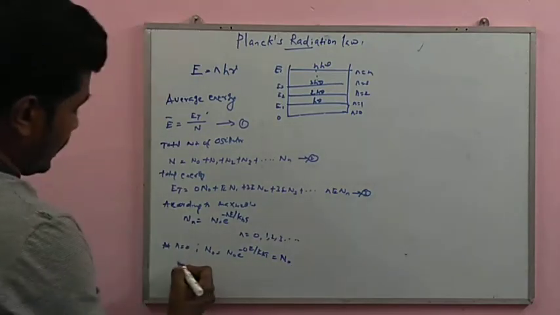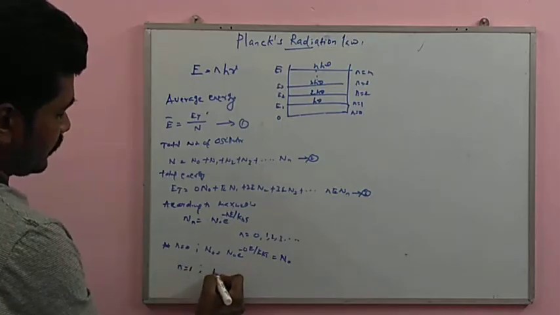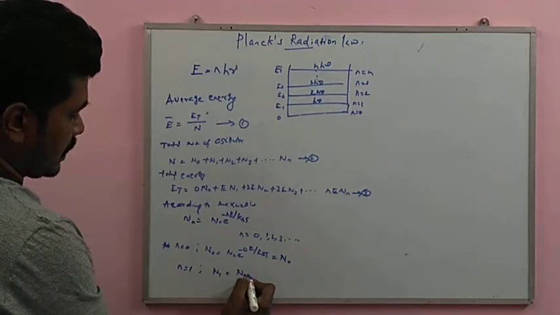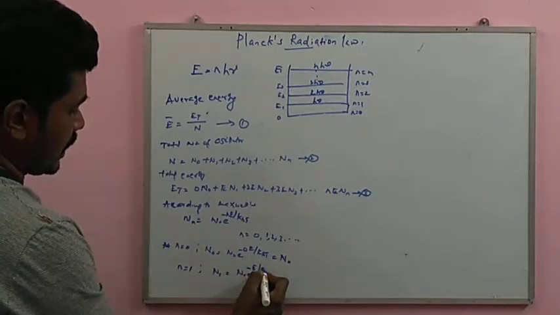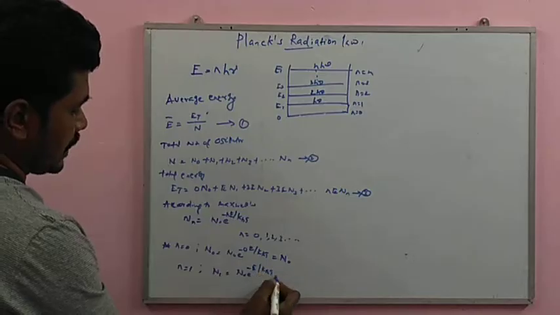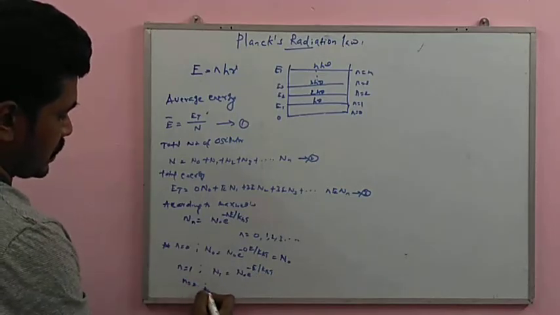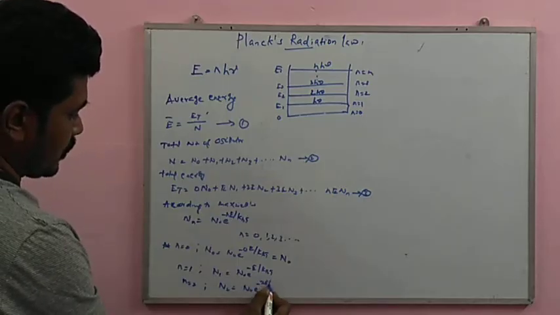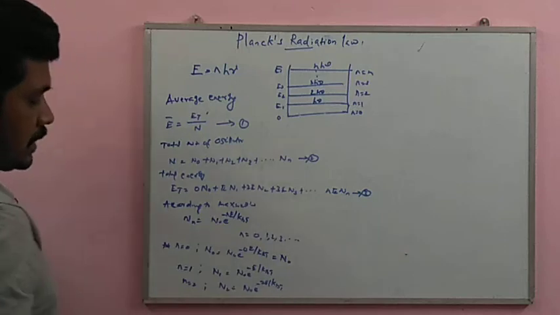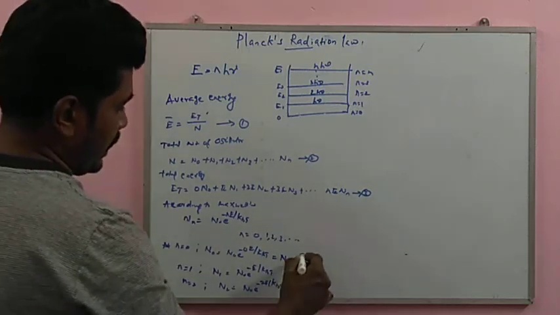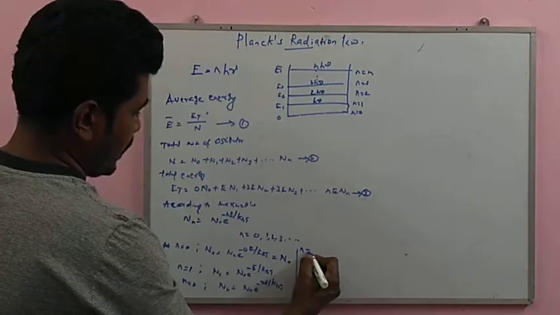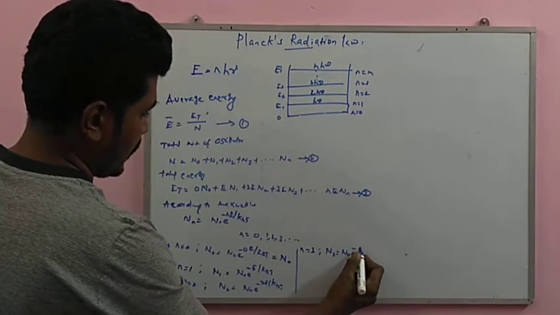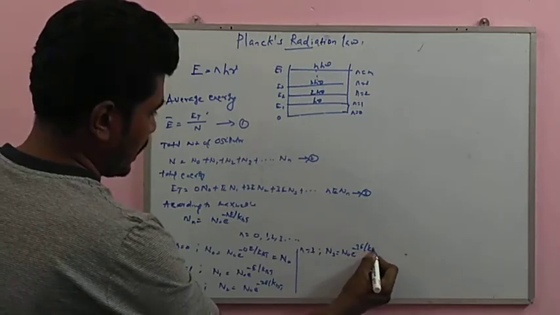Then n equal to 1: N1 is equal to N0 e power minus E by kBT. Then n equal to 2: N2 is equal to N0 e power minus 2E by kBT. For n equal to 3, N3 is equal to N0 e power minus 3E by kBT.